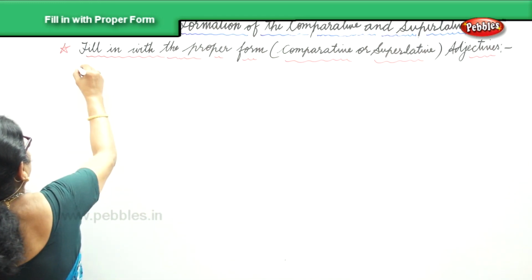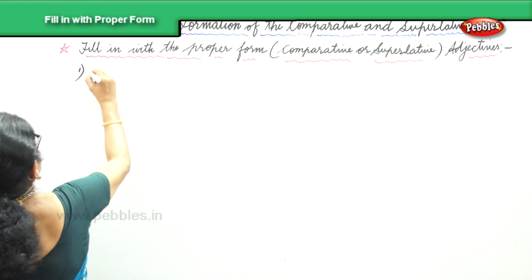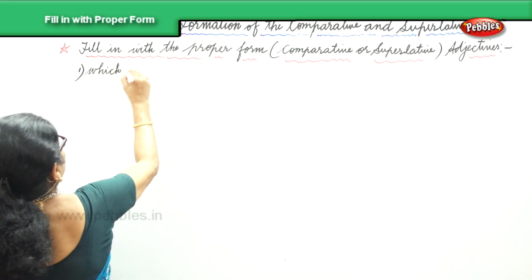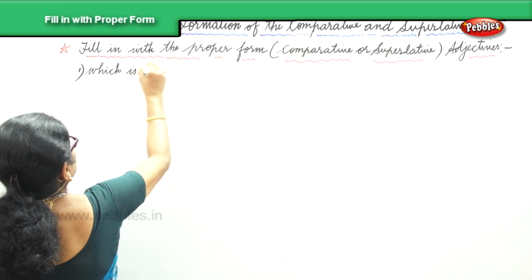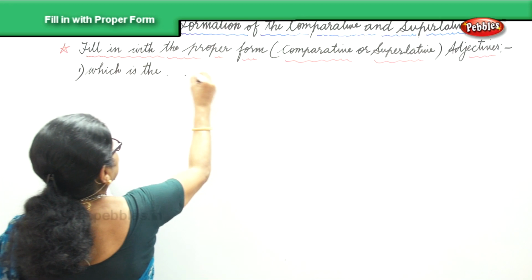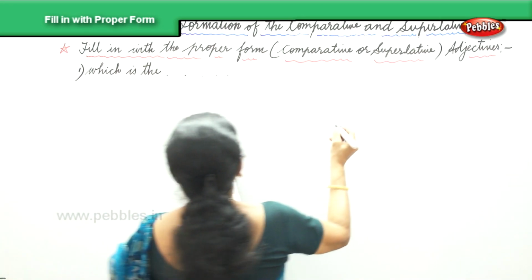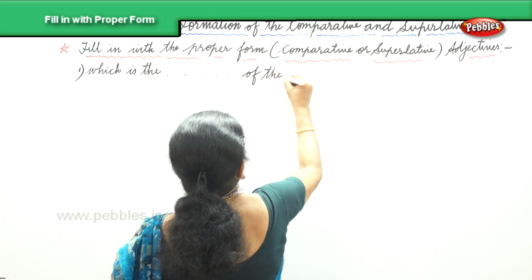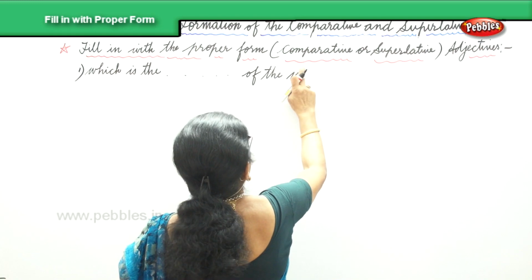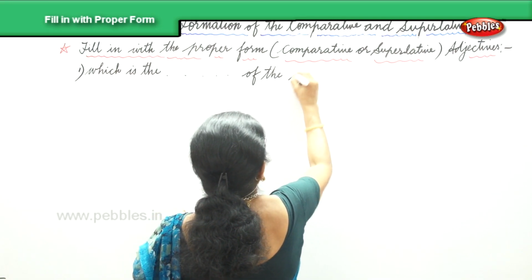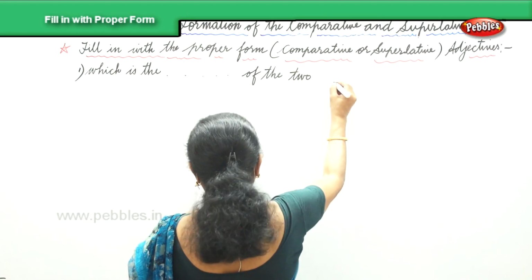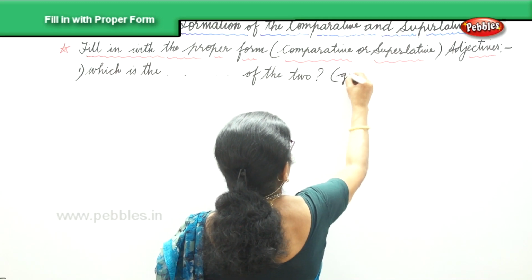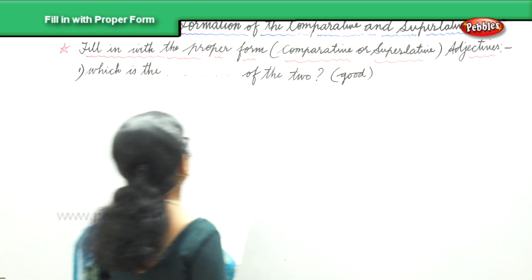So the first we have here, which is the dash of the two, and the word given is good. You must write the correct word there.